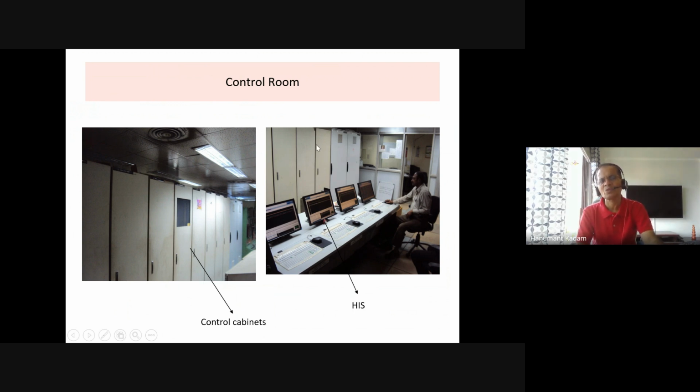The remaining are marshallings and Elcos. And these are HIS stations, four numbers of HIS, with security keyboards, and through this the operating staff is operating here, right? So this is what the control room looks like.